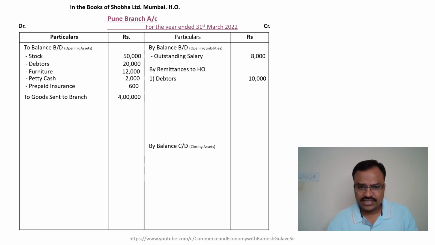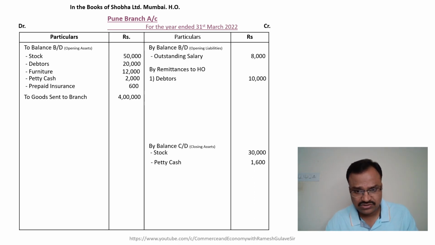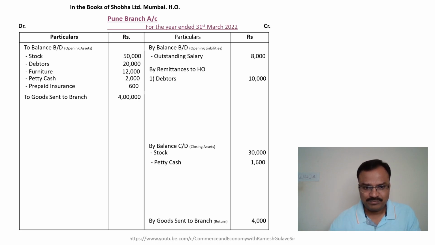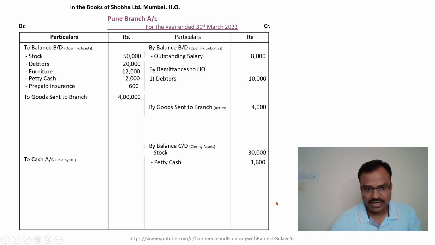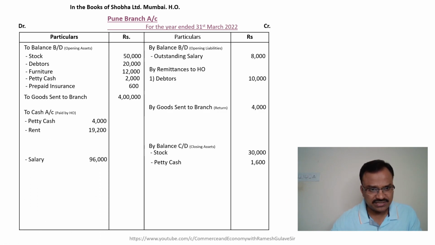Again, the closing balances of assets are recorded, which include stock 30,000, petty cash 1,600. After petty cash, we have recorded goods sent to branch and cash expenses which are paid in the branch.